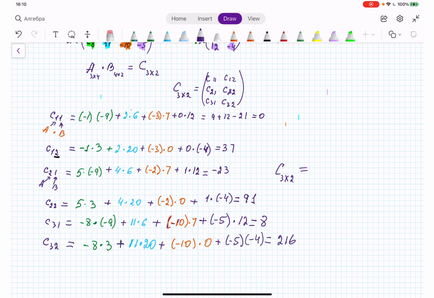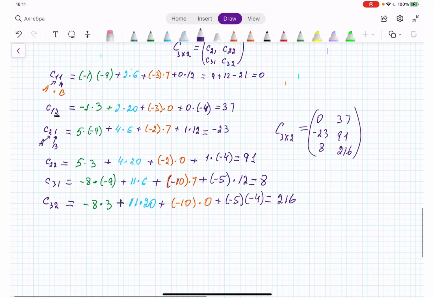C11 is 0, C12 is 37, C21 is negative 23, C22 is 91, C31 is 8, C32 is 216. And this is going to be the product C.